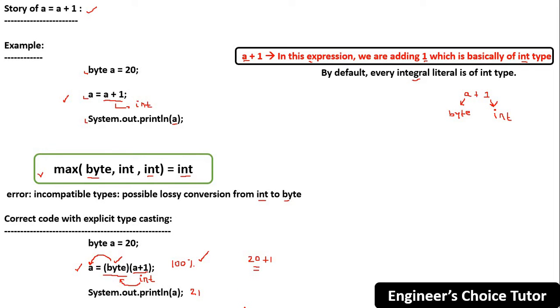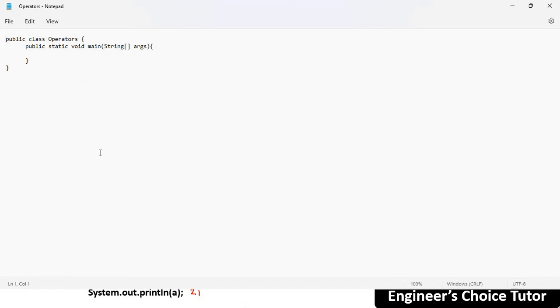This story is pretty much clear to you. Let me show you this in the notepad. I have this Operators class already, which I am using from the last 10 lectures. So I'm writing here itself. Byte a = 20.